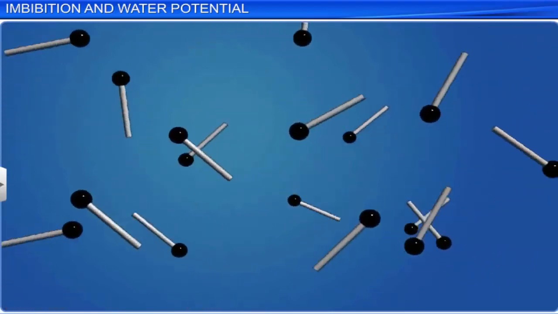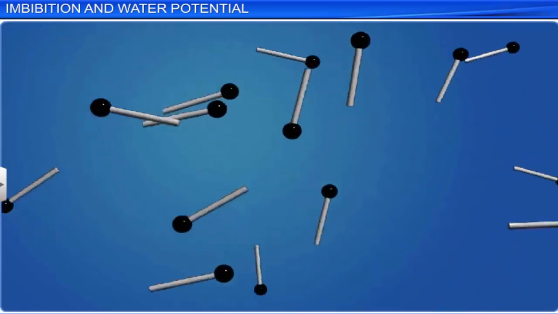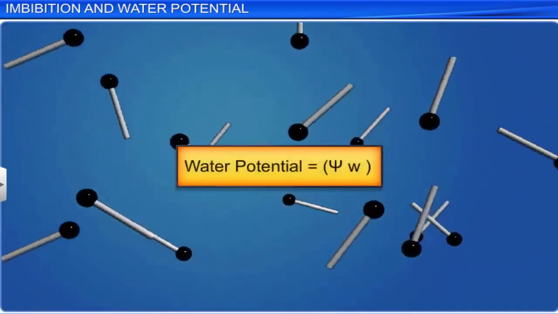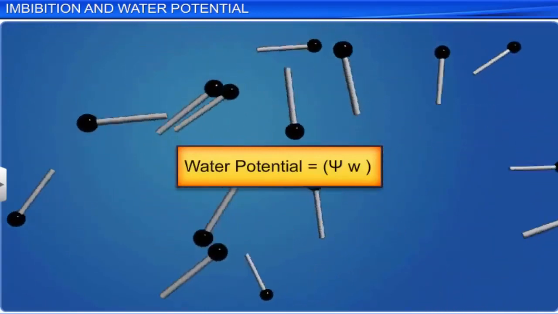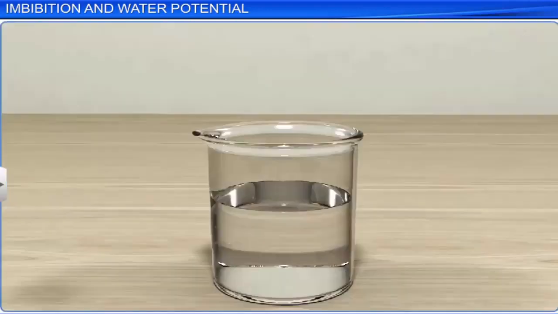As a result, it has greater water potential. Water potential is denoted by the Greek symbol psi. It is expressed in pressure units as Pascal or Pa. The water potential of pure water at standard temperature and pressure is taken as 0.